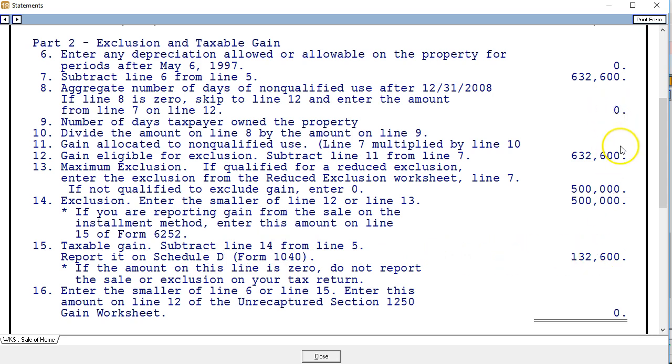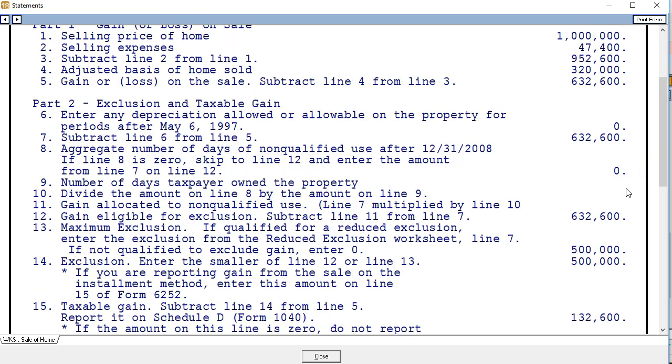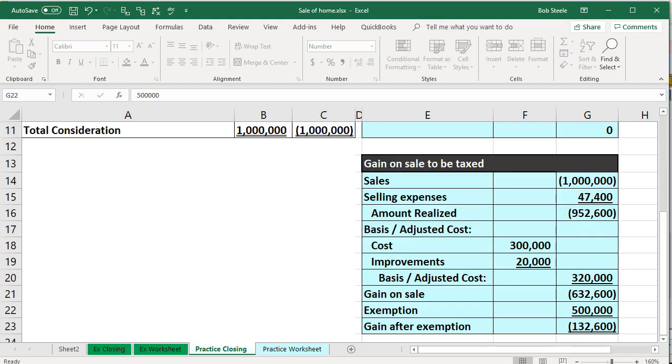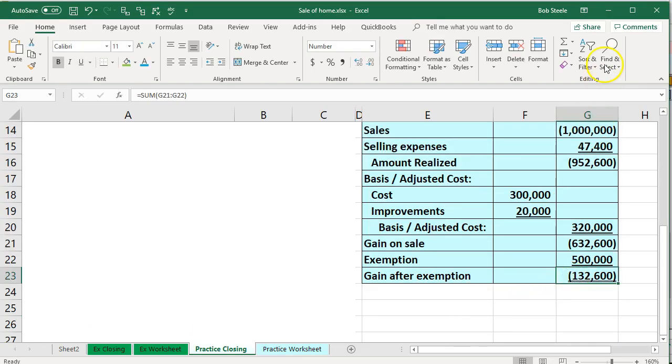So if we go all the way back up to line 5, same number, 632,600 minus the 500,000 gives us the 132,600. And that of course is our gain after the exemption amount.